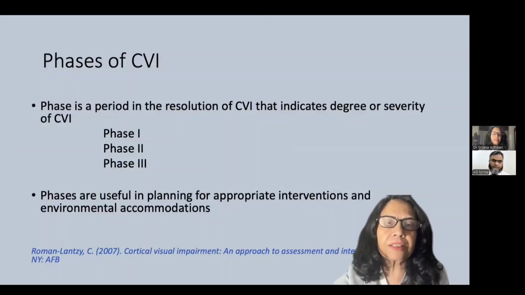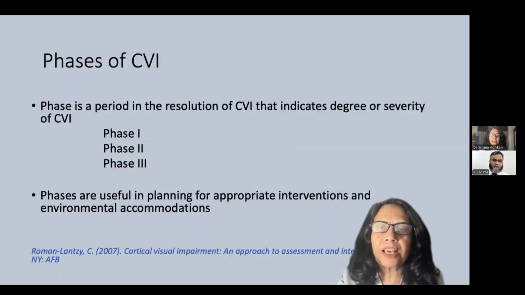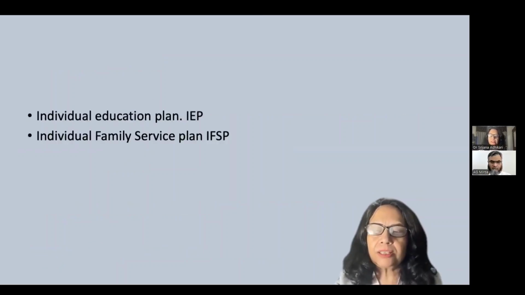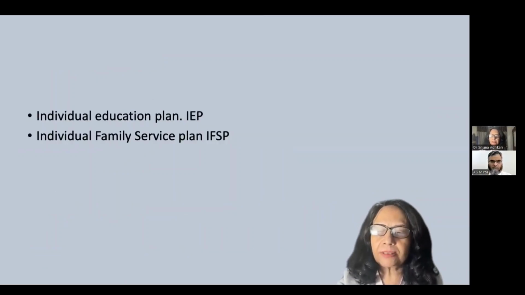These phases indicate the degree or severity of CVI in the course of its resolution, and they are very useful in planning appropriate interventions and environmental accommodations. For rehabilitation of CVI, two things are important: the individual educational plan and the individual family service plan.